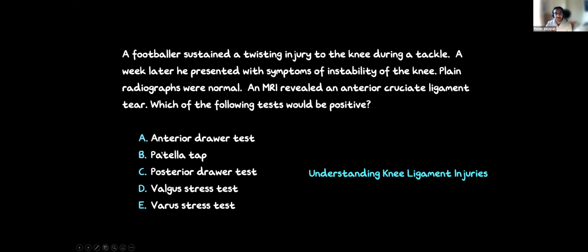If they ask you in a question what test you should conduct for an anterior cruciate ligament tear, Lachman is better than the anterior drawer test, even though the drawer tests test for the anterior and posterior cruciate ligaments and the valgus and varus tests for the MCL and LCL.